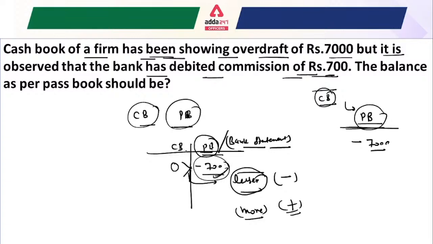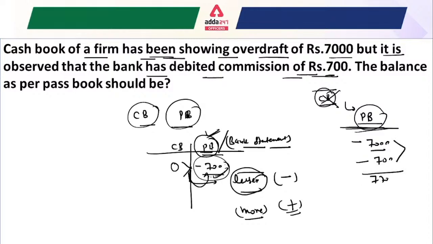In this question we have to find the passbook balance, so we select the parameter for the passbook: is the passbook balance greater or more than the cash book balance? The passbook balance is lesser than the cash book, so we use the minus figure, and by what amount? That is 700.